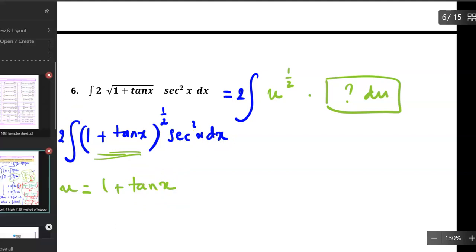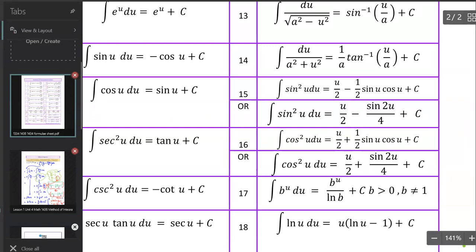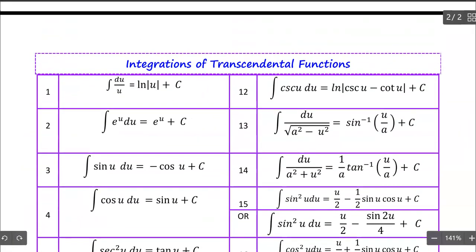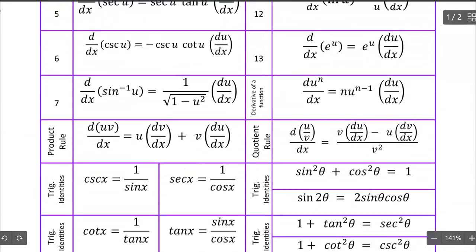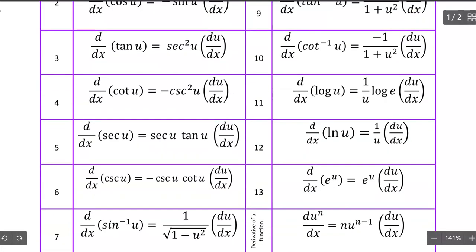So let's go to our formula sheet. We keep going back and forth between the formula sheets because I would like to show everyone how to use these 2 formula sheets. So what is the derivative of tangent of x? In this case, the derivative of tangent of u will be secant square of u multiplied by du over dx.